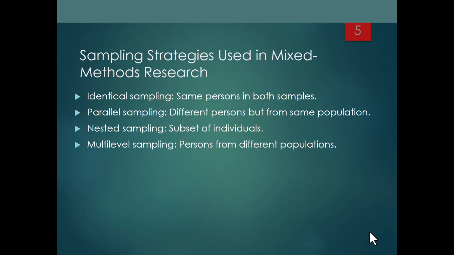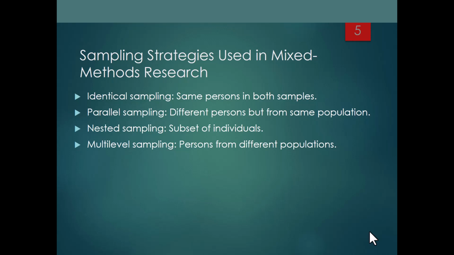In nested sampling, you select a subset of individuals and include them in the qualitative sample. For example, of the 100 people who completed the pretest and post-test questionnaires from the quantitative data, 40 were interviewed for the qualitative data about the facilitators and barriers to implementation of the intervention.